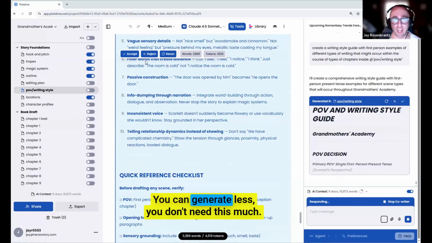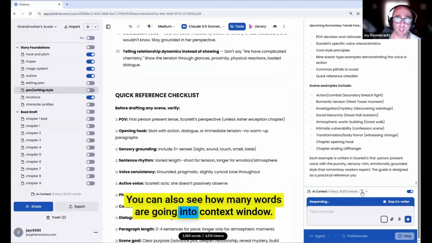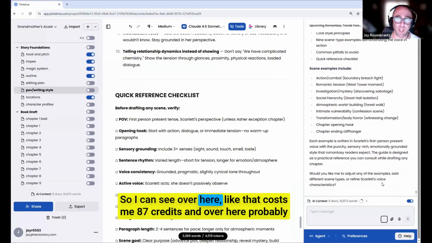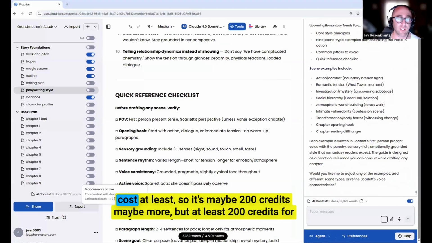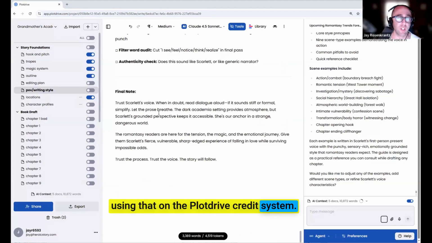You can generate less, you don't need this much. You can also see how many words are going into the context window. So I can see over here, that cost me 87 credits. And over here, it's maybe 200 credits, maybe more, but at least 200 credits for using that on the Plotdrive credit system.